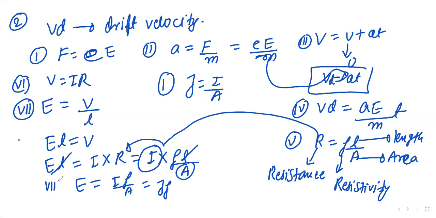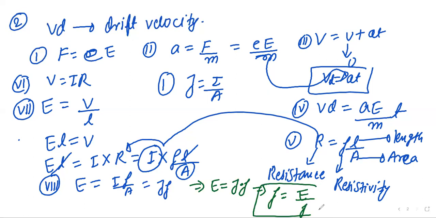Suppose this is your eighth equation, right? So finally we have got electric field equal to J into rho. So rho can be found as E upon J, right? Now see the next part.